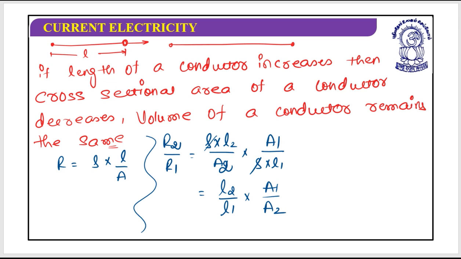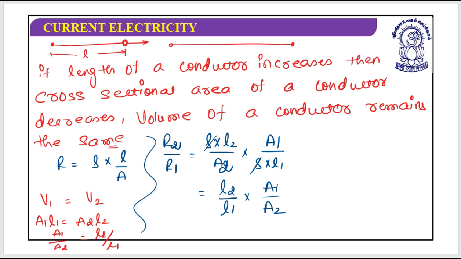This is the relation. Now I know one more very important aspect, that volume 1 must be equal to volume 2, because volume remains constant. And if volume 1 is equal to volume 2, then A1 L1 should be equal to A2 L2. And if I use this in a very intelligent manner, A1 by A2 should be equal to L2 by L1.